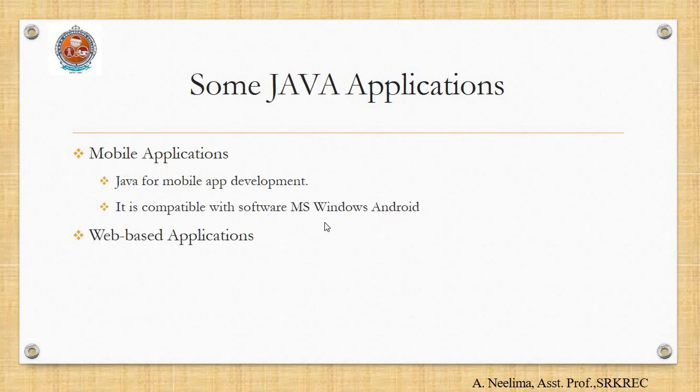And some of the Java applications: one is mobile app development. It is the best way to develop mobile apps using Java. It is compatible with MS Windows and Android, and Java is used for developing web-based applications. As you know, Java Server Pages are used for web development.